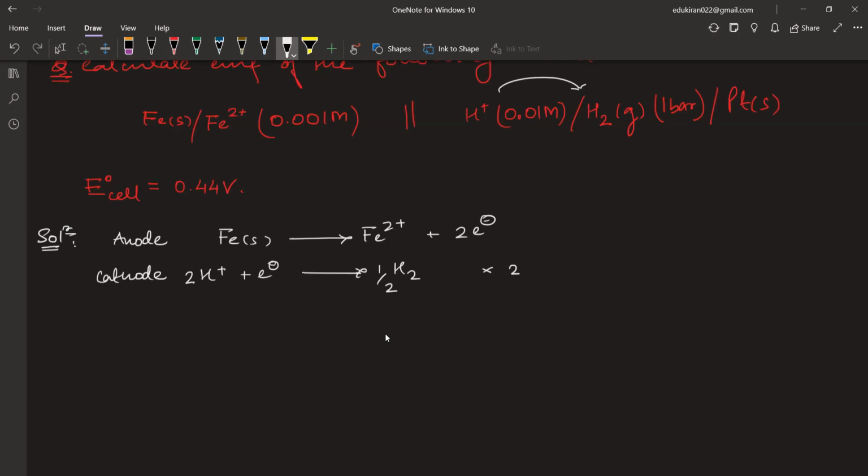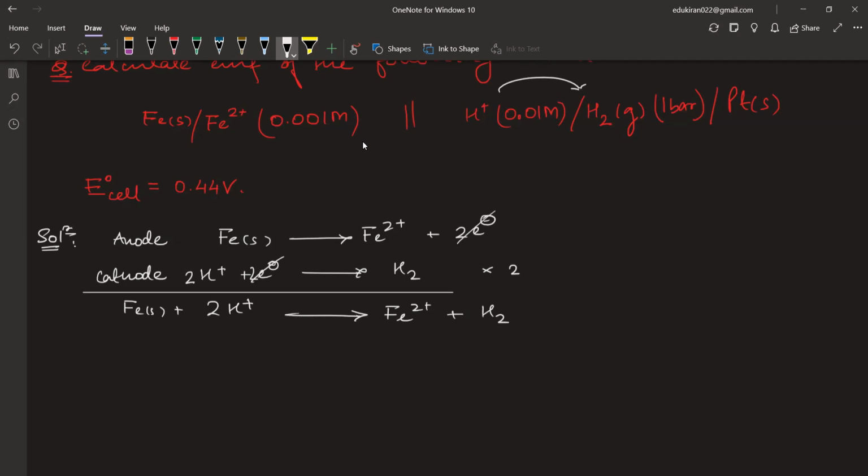We get 2H+, 2 electrons, and 1 H2. Now the complete cell reaction will be Fe solid plus 2H+, giving you Fe2+ plus H2, as the 2 electrons cancel each other out.